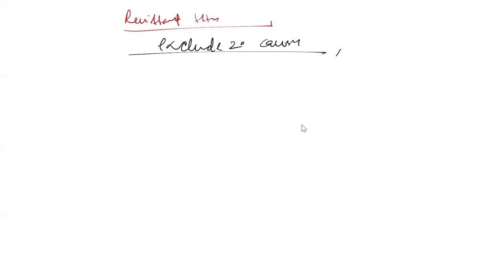Now, if we have a patient of resistant hypertension, then the first thing to do is exclude secondary causes of hypertension, decrease salt intake, and rule out poor compliance.